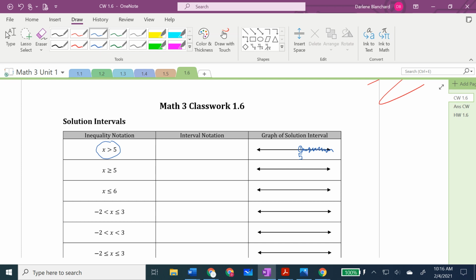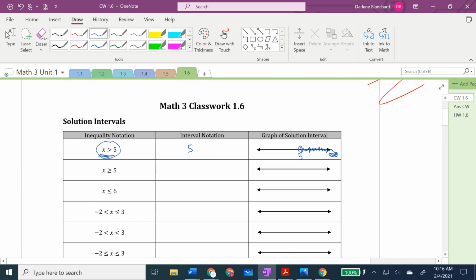In interval notation, when you express x greater than 5, you need to write it as you see it on the number line. So I'm going to put a positive infinity right here. You need to listen to this. When you write the interval notation, it must be in this order.